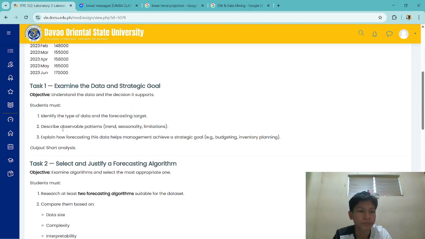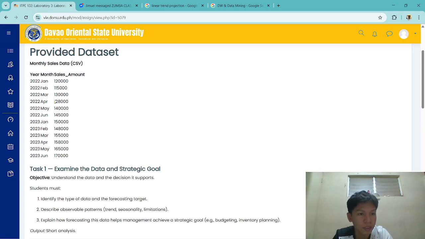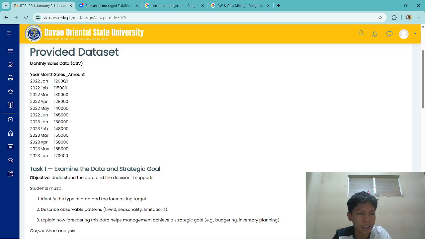Okay, so describe observable patterns. The observable patterns from January 2022 until June are a slight decrease and increase, decrease, and increase and increase.